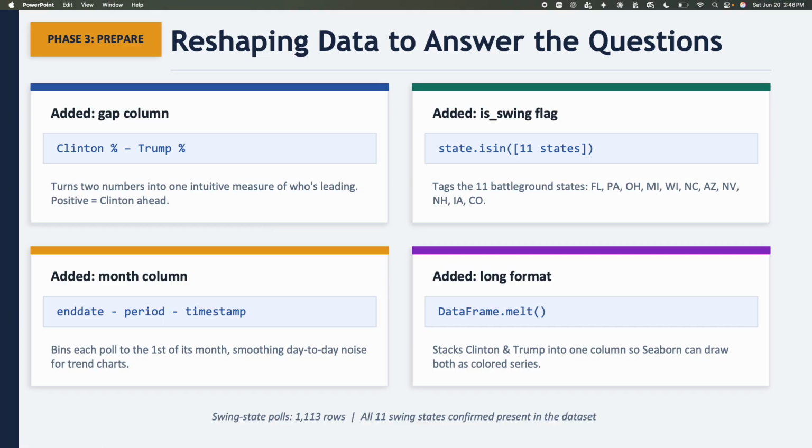Second, a month column. I use pandas to bin each poll's end date to the first of its month. Third is the swing flag.